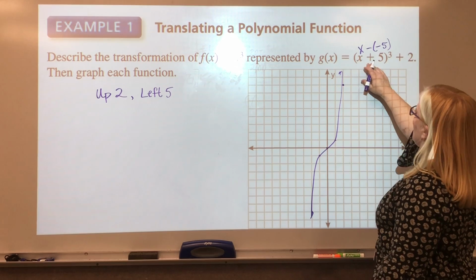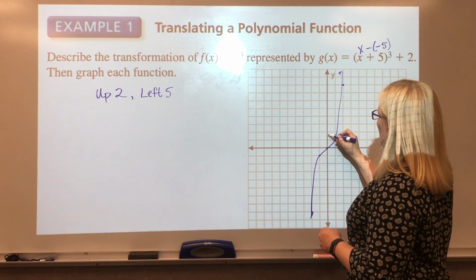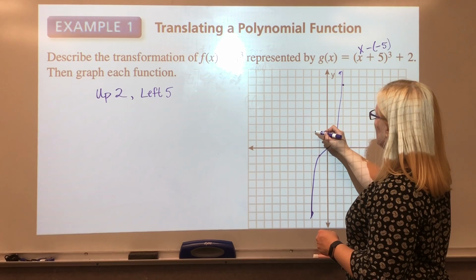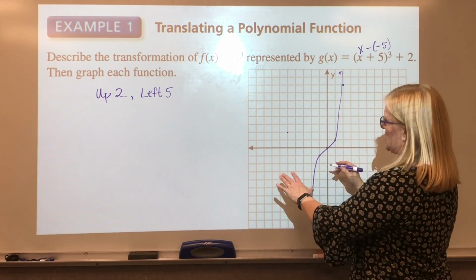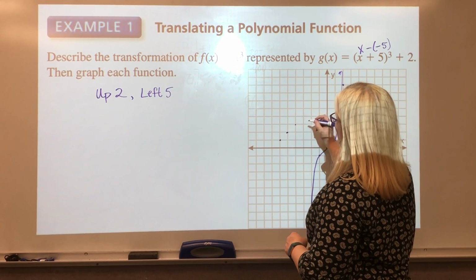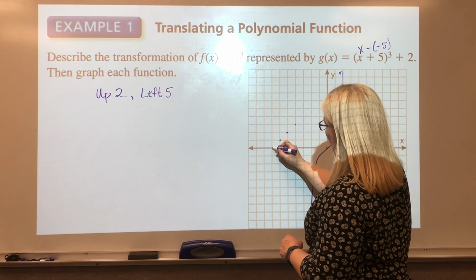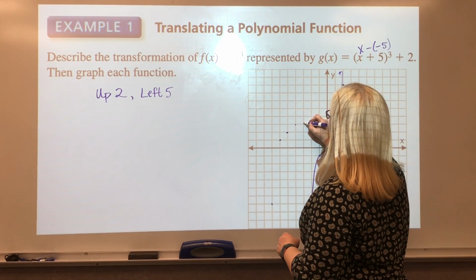Okay, and what happens here is it has now moved up 2 and to the left 5. 1, 2, 3, 4, 5. So if I do similar dots, this next one would go down 8, 2, 4, 6, 8. This one would go up 8.